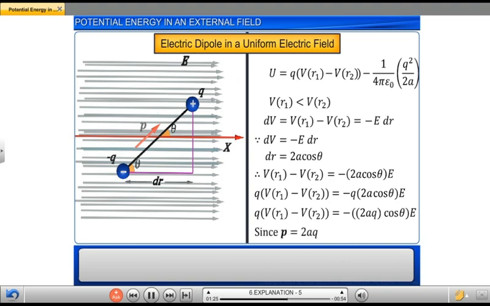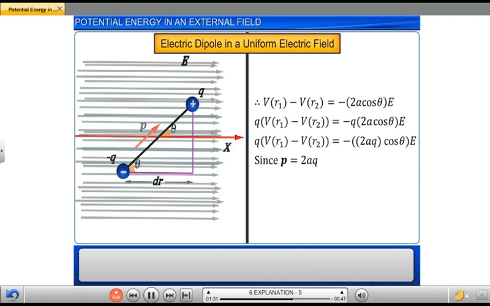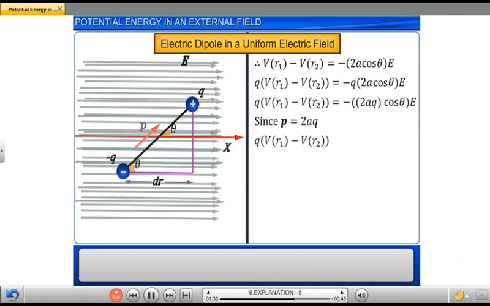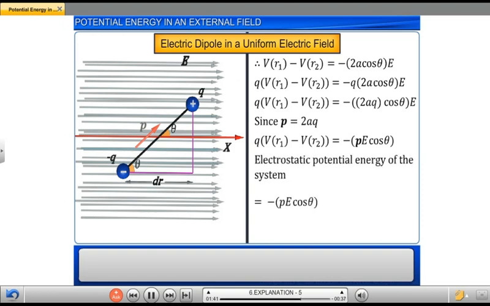And since dipole moment P equal to 2aq, this can be written as minus PE cos theta. Now the electrostatic potential energy of the system can be written as minus PE cos theta minus 1 by 4 pi epsilon naught Q square by 2a.